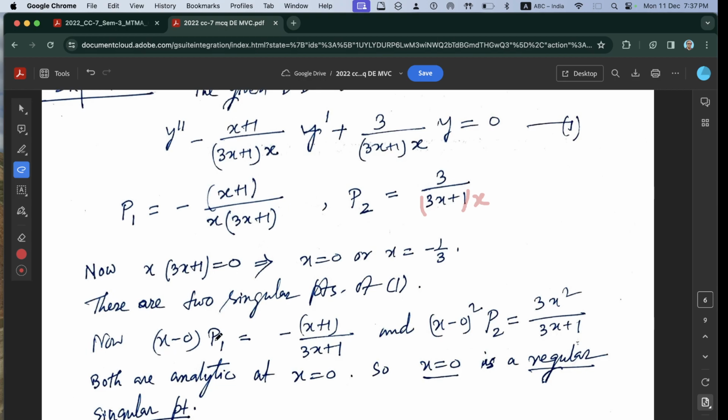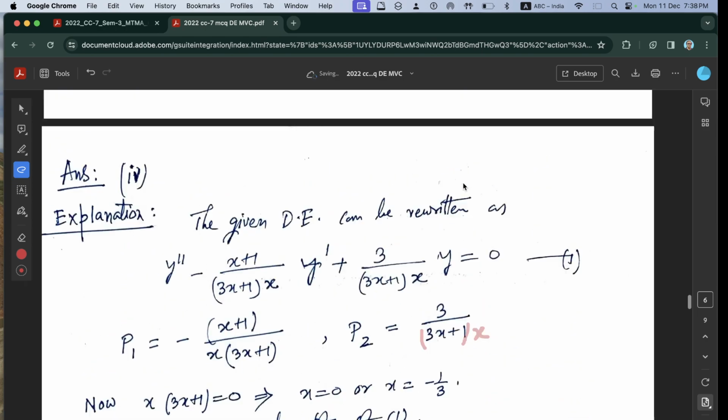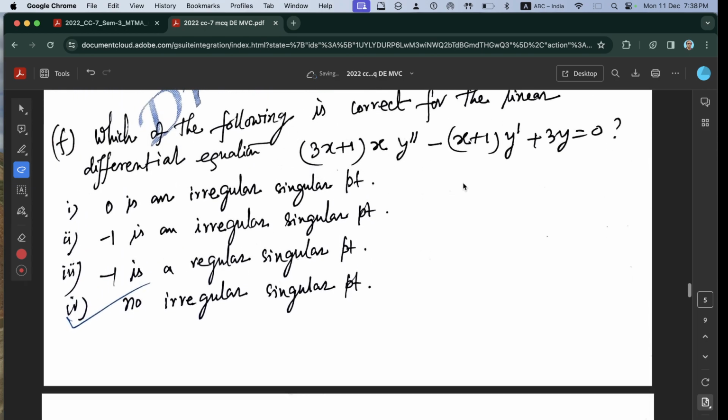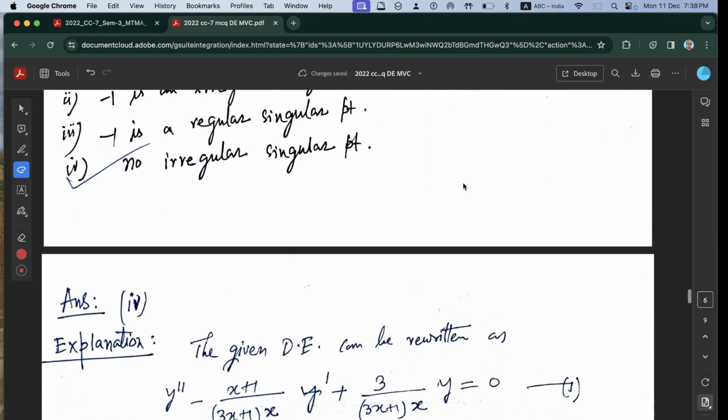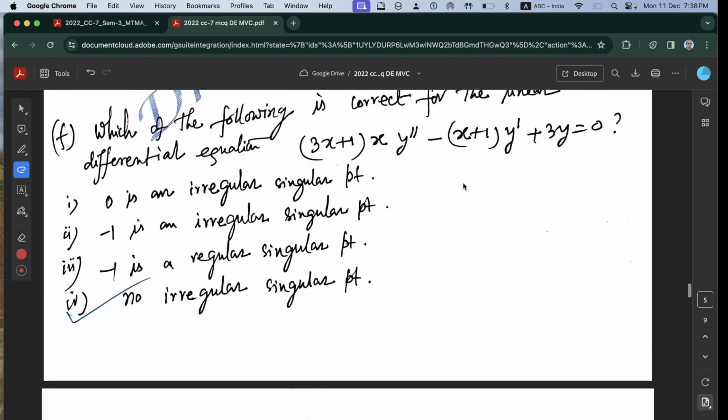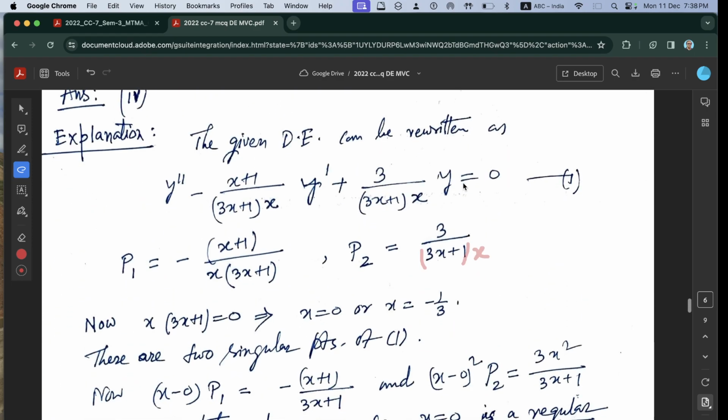Now x minus 0 into p1, so obviously this is minus (x plus 1) by (3x plus 1), and (x minus 0) whole square into p2, this equals 3x square plus 3x by 3x plus 1.